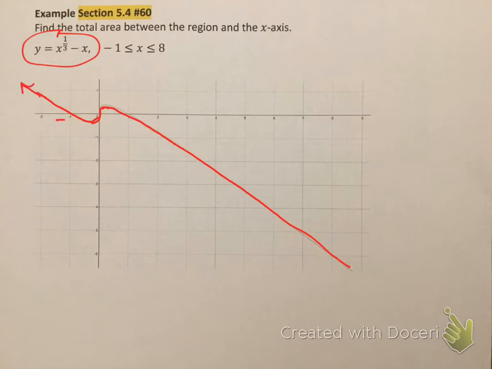And I'm going from -1 to 8. So do you all feel comfortable that we are looking at this region in here, this region in here, and this region in here?